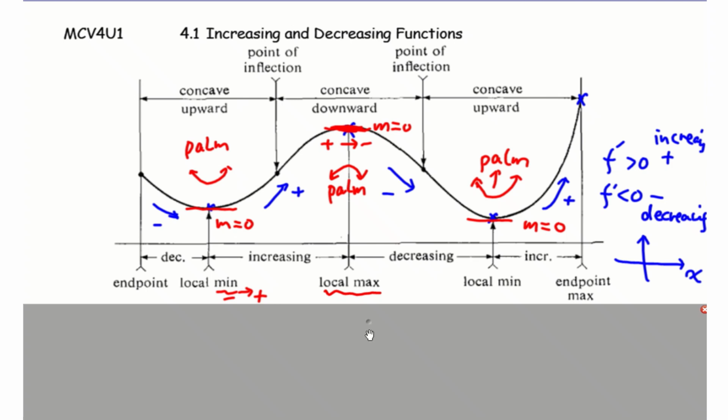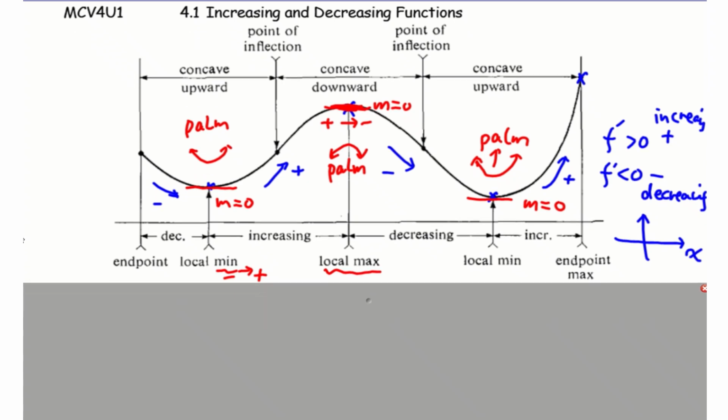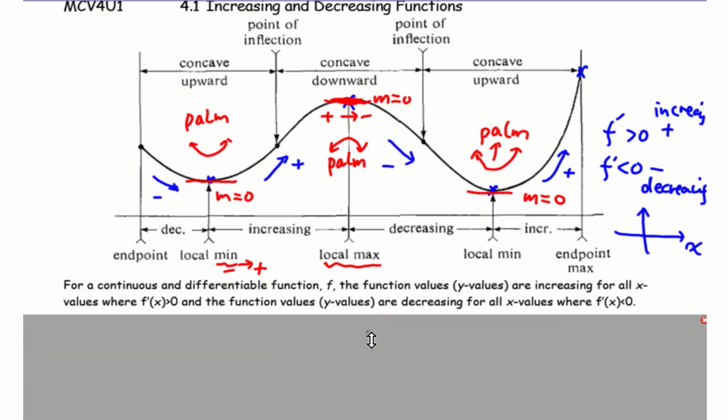So in this lesson, what you have to know is how to determine the increasing and decreasing intervals. And to determine increasing and decreasing, just find the derivative, and check whether it is greater than 0 or less than 0. Okay, so let's see the first example.